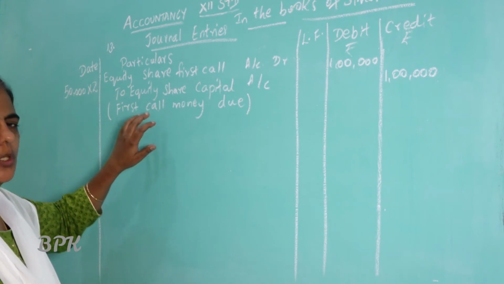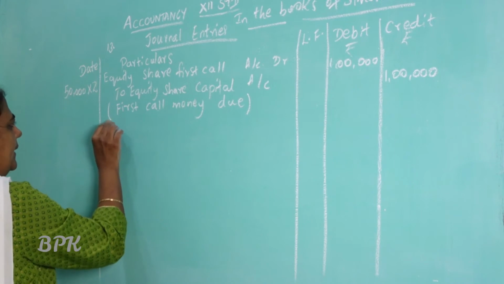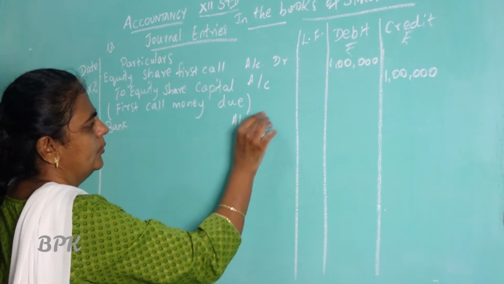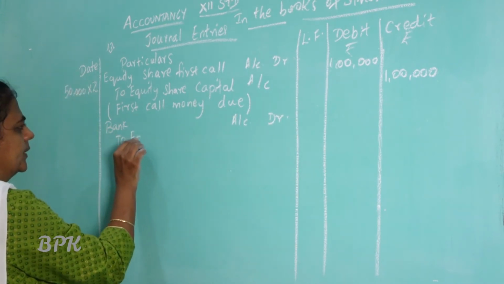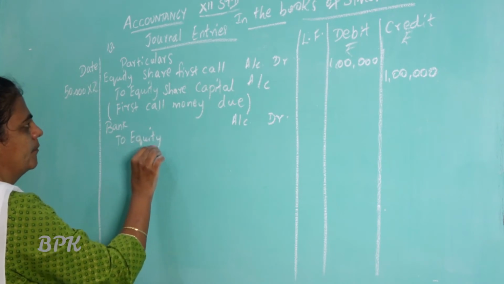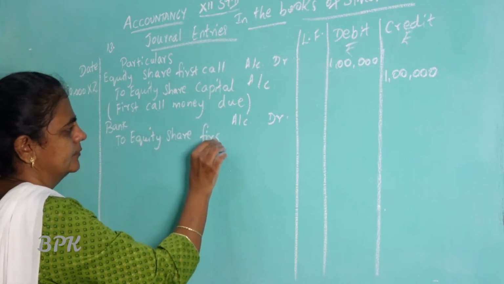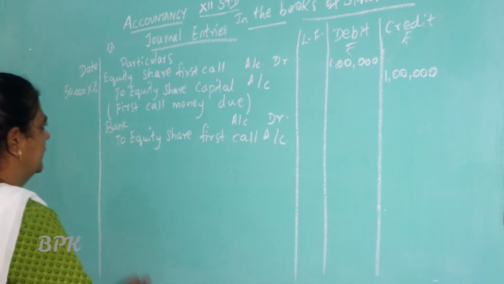Next is first call money received. So bank account debit to equity share first call account.